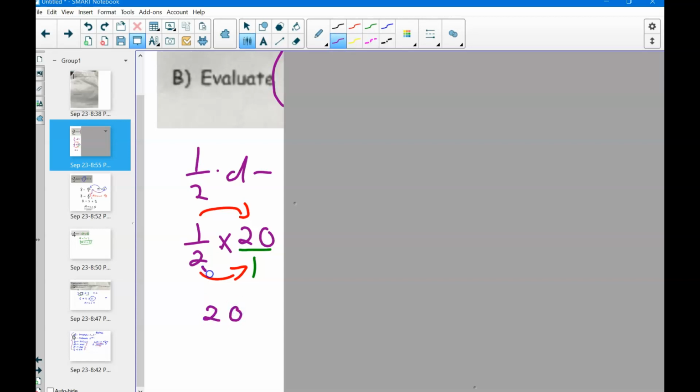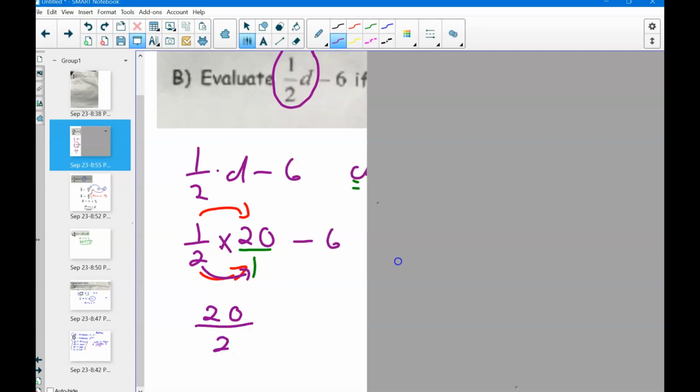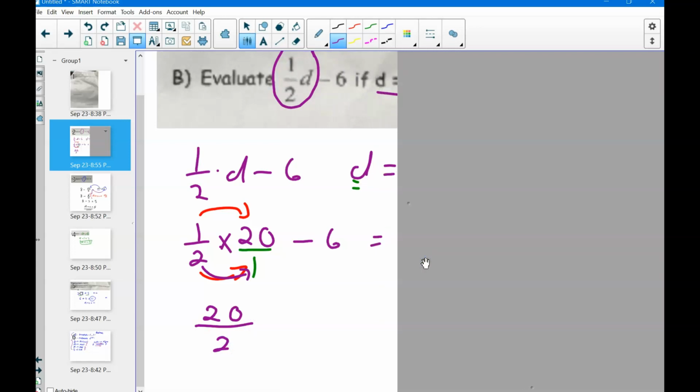And 2 times 1 is going to give us 2. If I move the screen back, I still have my minus 6 right here. Can't forget about it, but we can kind of forget about it for a little while, because guess why? Now it's become a division problem, which comes before subtraction.